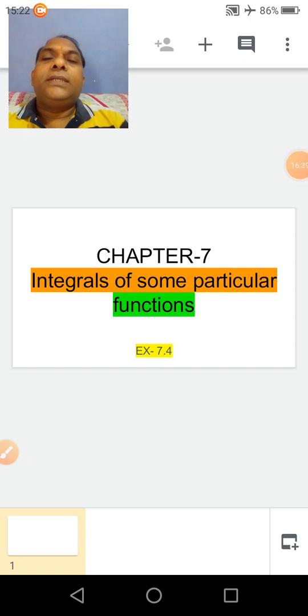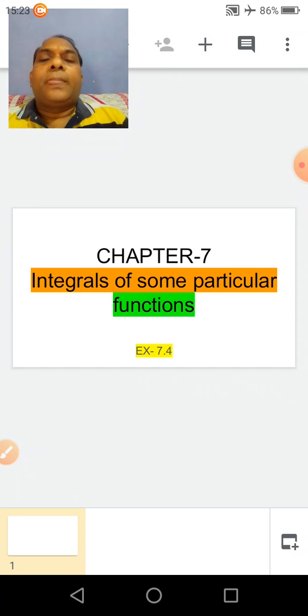Okay students, you have to solve exercise 7.4. Clear? So in exercise 7.4, to convert the given question into integrable form, you have to complete the square, then you can use any of the 6 formulas. Clear?